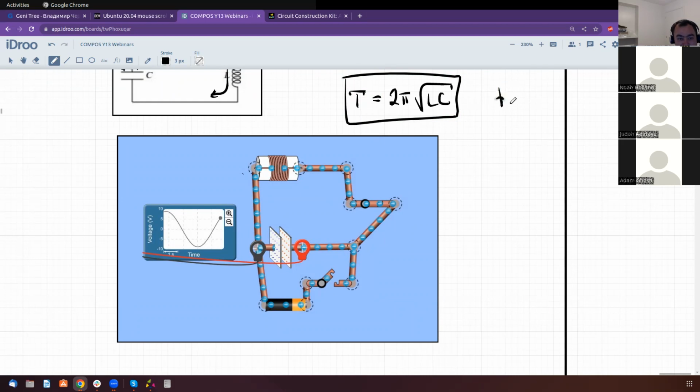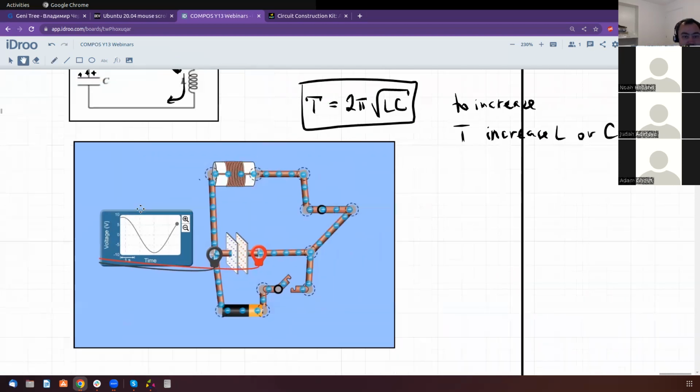To increase T, increase L or C. To increase L, you simply increase the number of turns, or to increase C, you bring the plates closer together, or you make the plates bigger.